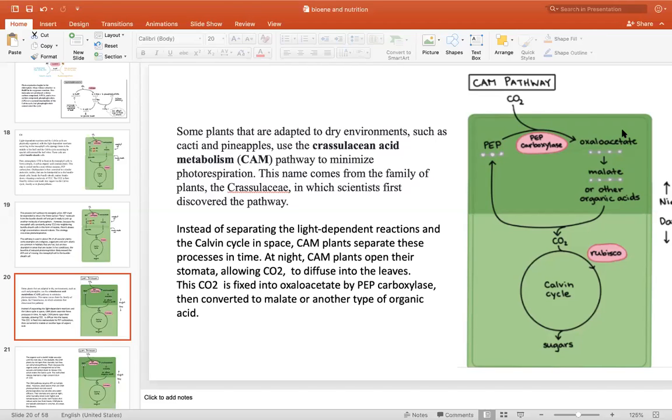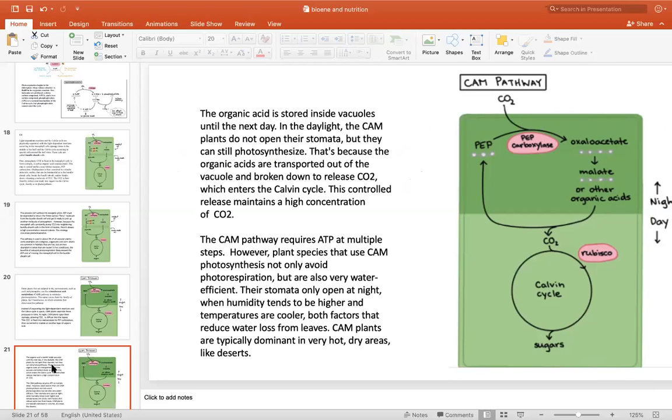What happens is at nighttime, the CAM plants open their stomata, allowing the CO2 to diffuse into the leaves. When CO2 diffuses into the leaves, it is combined again with PEP using the enzyme PEP carboxylase to form oxaloacetate, malate, or other organic acids. Now during the daytime, the stomata are closed. The CAM plants do not open their stomata, but they can still photosynthesize.